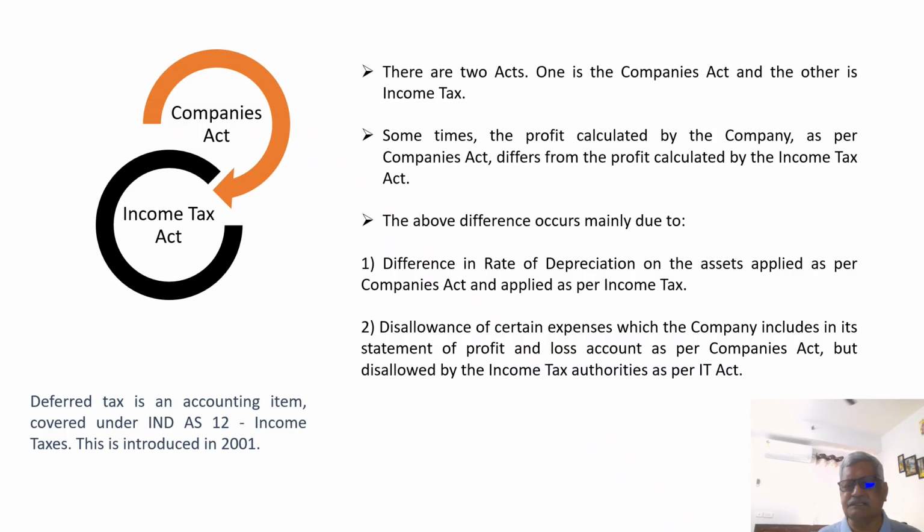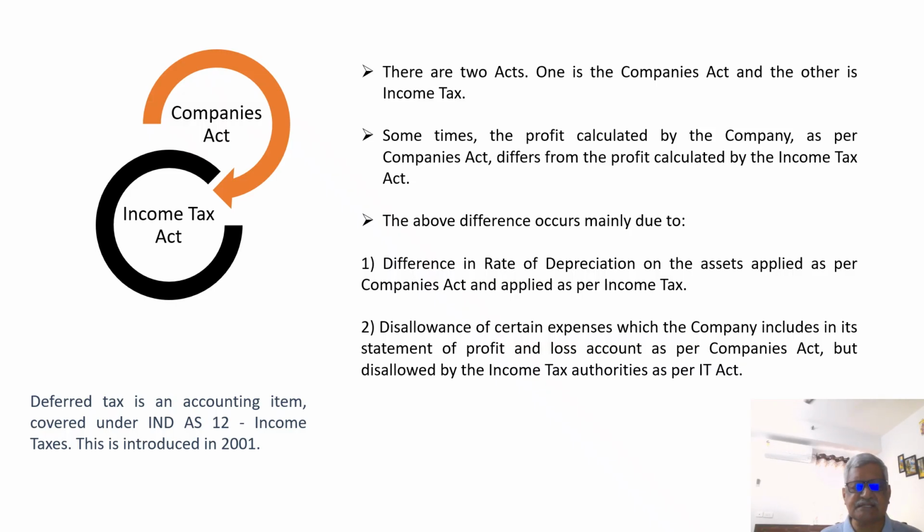Difference in rate of depreciation on the assets applied as per the Companies Act and as per income tax. 2. Disallowance of certain expenses which the company includes in its statement of profit and loss account as per the Companies Act but disallowed by the income tax authorities as per the IT Act.